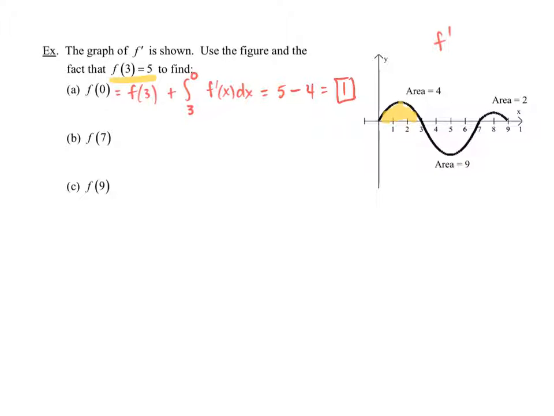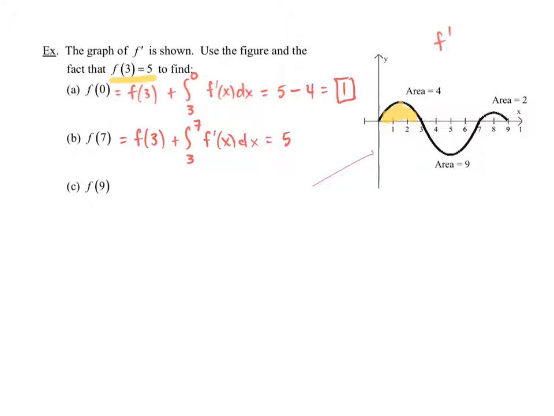Now, for part B, f of 7, I'm going to start with f of 3 plus the integral from 3 to 7 of f prime of x dx. And so this will equal f of 3, which they told me was 5. And now the integral from 3 to 7 is going to be, I'm going to go ahead and erase what I did here.